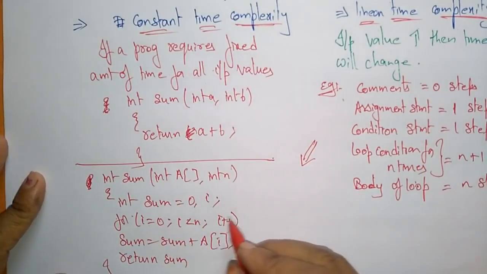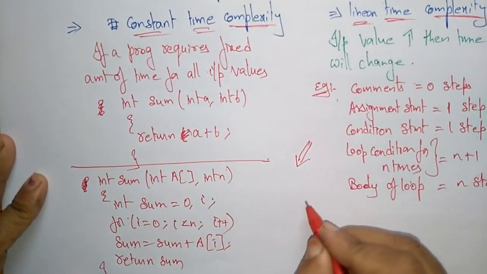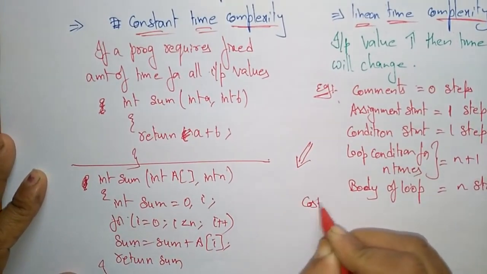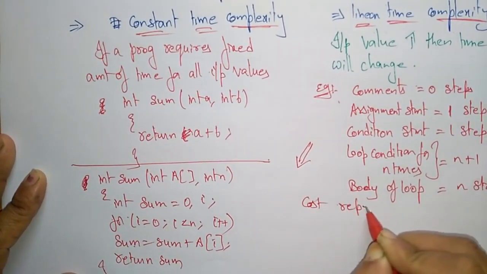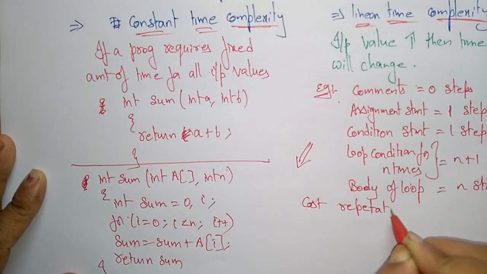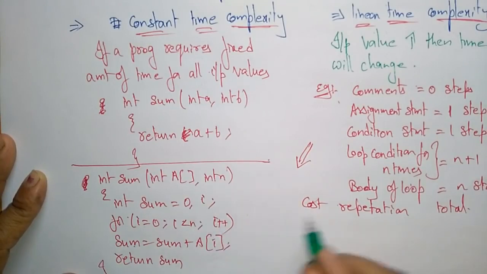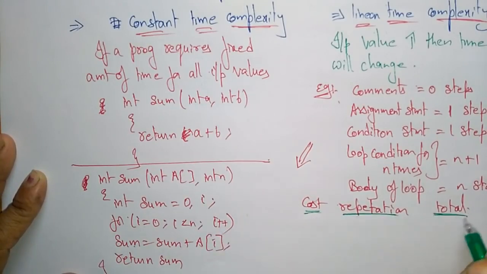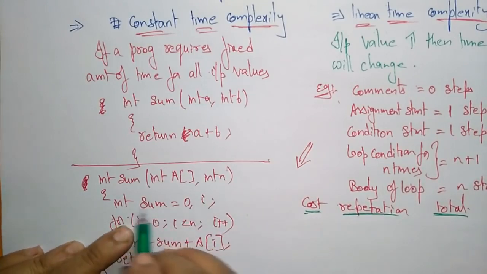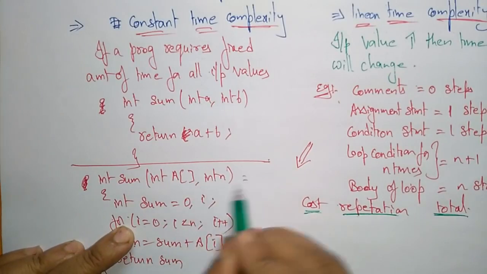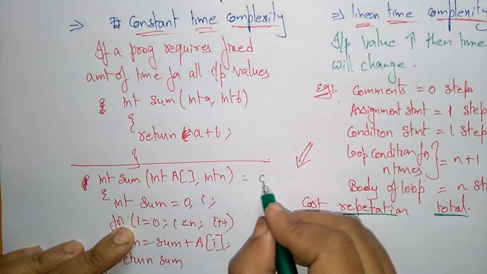Now calculate the cost, repetition, and total for this program. So for sum is equal to 0, this is the time complexity for declaring, which should be 0.